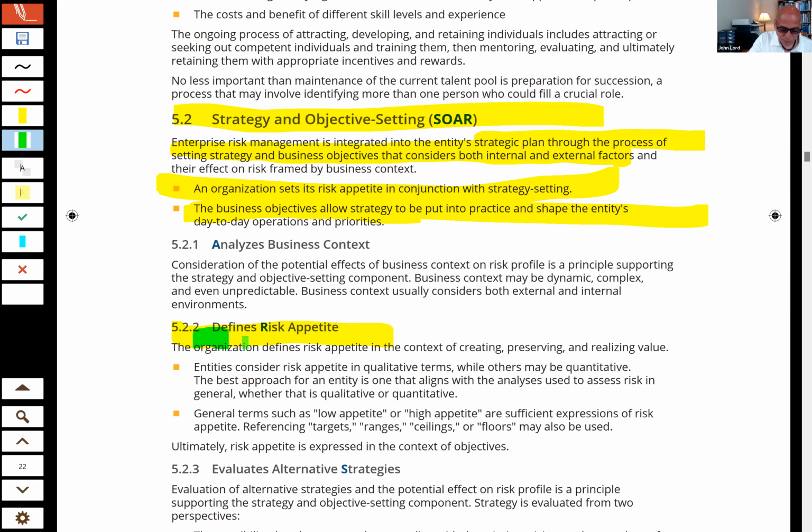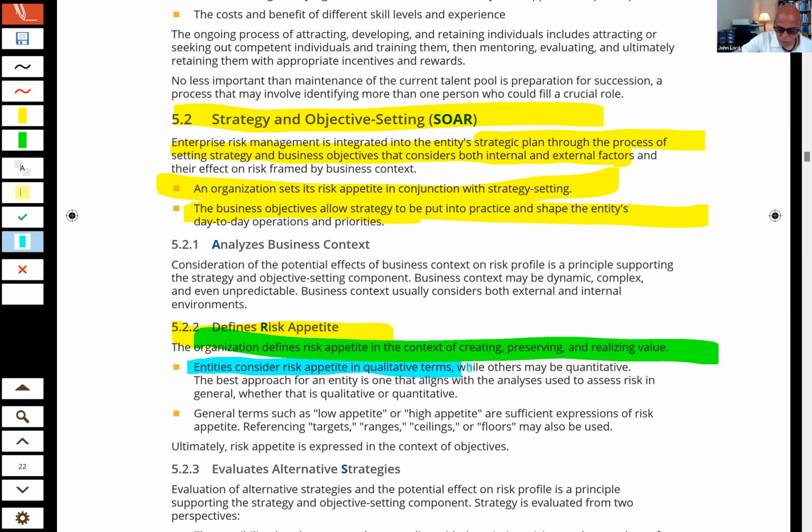When we consider risk appetite, it's in the context of creating, preserving, and realizing value. Some entities consider risk appetite in qualitative terms, while others may be quantitative. The best approach for an entity is one that aligns with the analysis used to assess the risk, whether it is qualitative or quantitative.